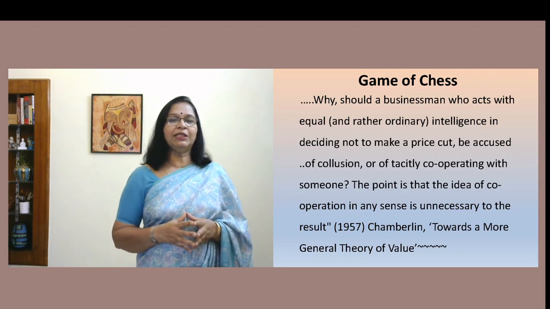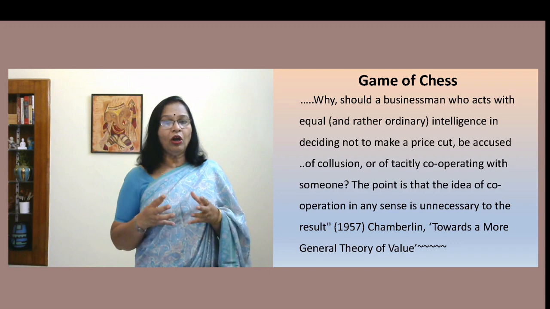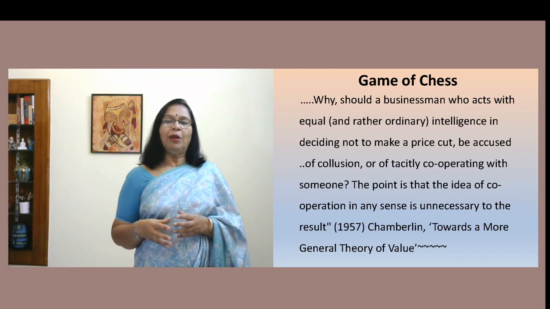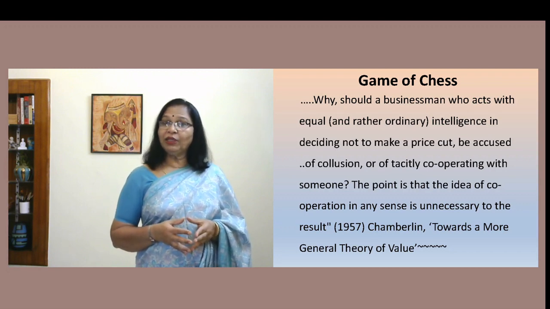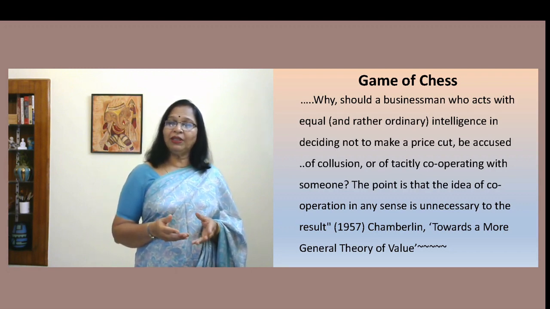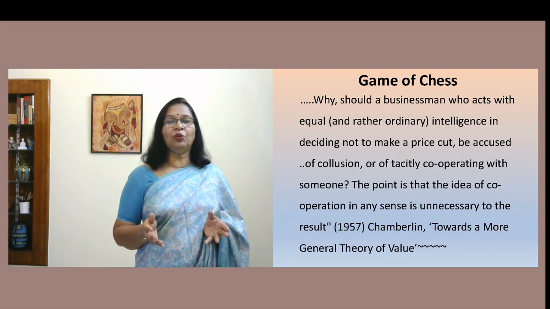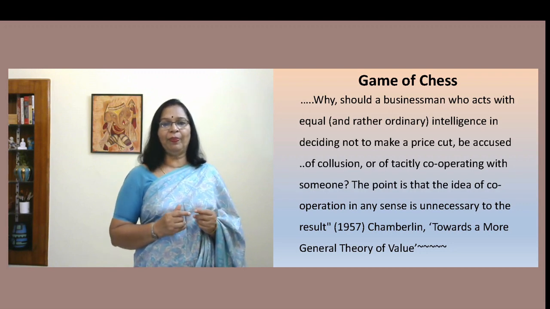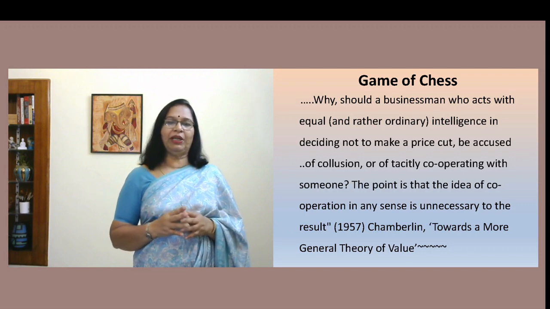Why should a businessman who acts with equal or rather ordinary intelligence in deciding not to make a price cut be accused of collusion? Are the two chess players colluding with each other to play the game? No, that's not happening. So here too, the two firms are not colluding. Without collusion, they are able to arrive at equilibrium. They are not tacitly cooperating as well.